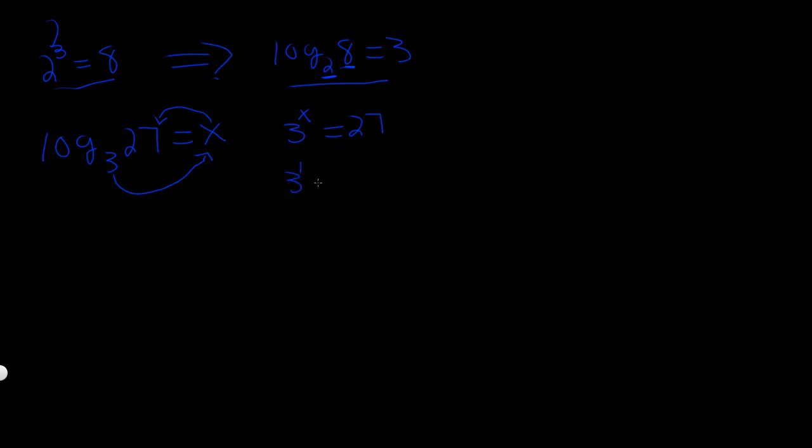Well, 3 to the first power is equal to 3. 3 to the second power is equal to 9. And then 3 to the third power, or 3 times 3 times 3, is equal to 27. Therefore, x is equal to 3.